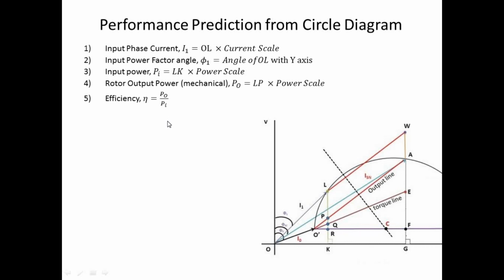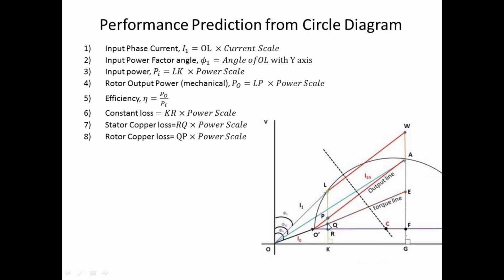Next, we can find the constant loss from the length Kr. So constant loss equals Kr into power scale, stator copper loss Rq into power scale, rotor copper loss Qp into power scale.